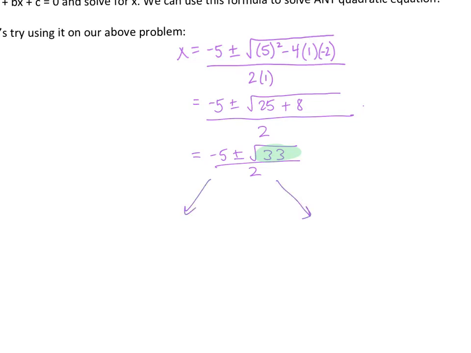This is where we're really targeting that plus and minus sign. I'm looking for an x value where it's -5 plus the square root of 33 with everything divided by 2. And then I'm also looking for an x value where it's -5 minus the square root of 33, and everything's divided by 2. So that's kind of the idea of where our 2 solutions come from, that plus or minus sign.